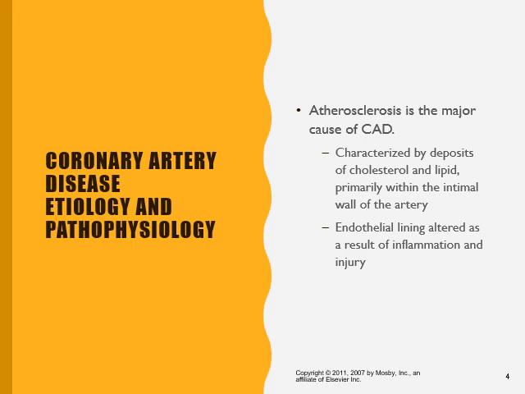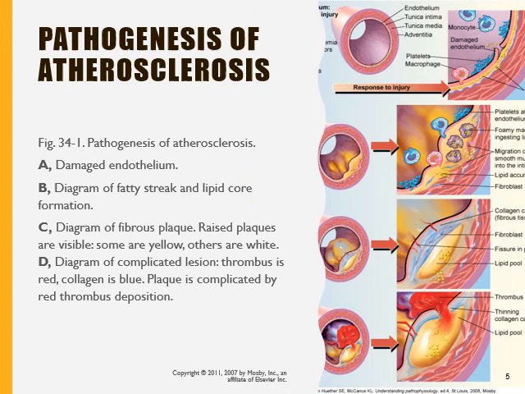Atherosclerosis can occur in any artery in the body, but it has a preference for the coronary arteries. Some of the things that may lead up to coronary artery disease, atherosclerosis, would be diabetes and smoking. Diabetes is a disease of the microvasculature. Cigarette smoking will constrict the arteries.